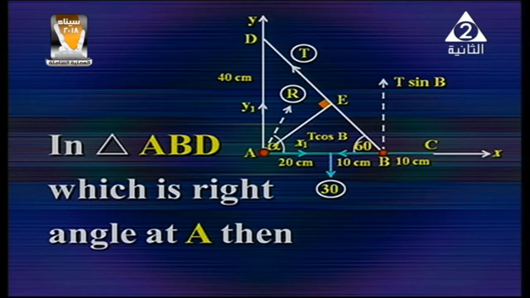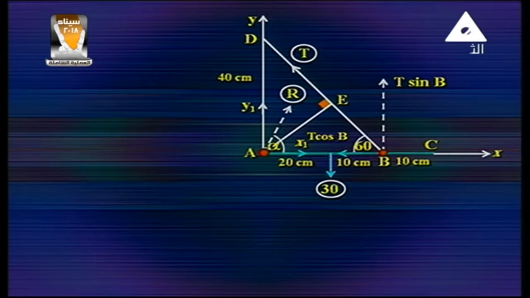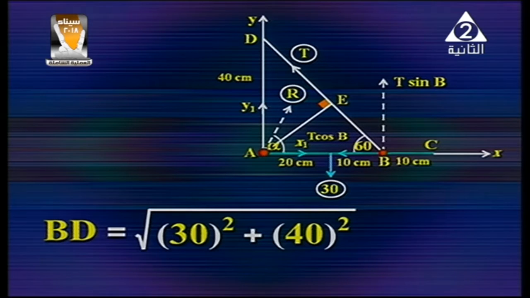Look at, dear student, in triangle ABD we have a right angle at point A. Then we deduce the length of BD equals square root of 30 squared plus 40 squared, which equals 50.